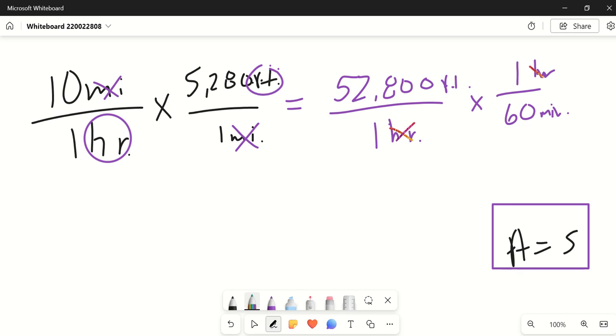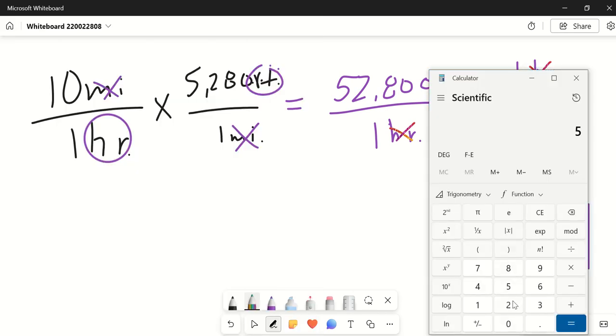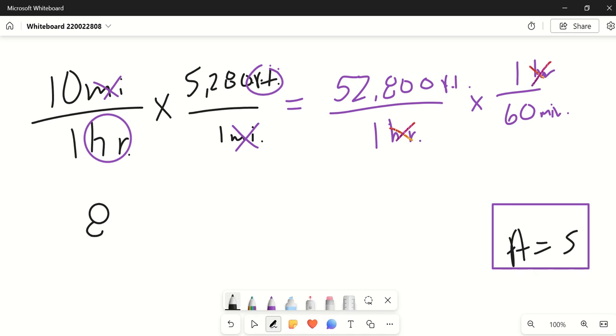The hours will cross out, and this will now give me 52,800 divided by 60. 52,800 divided by 60 will give me a total of 880. So they're running 880 feet per 1 minute. That is what they're doing.